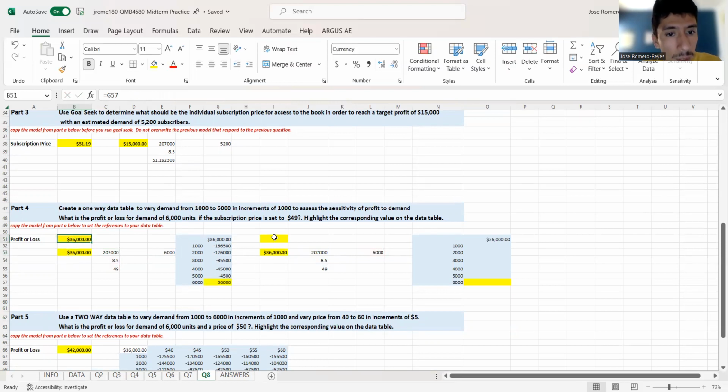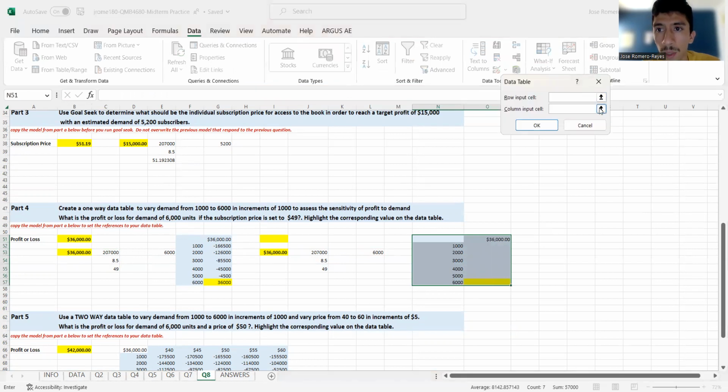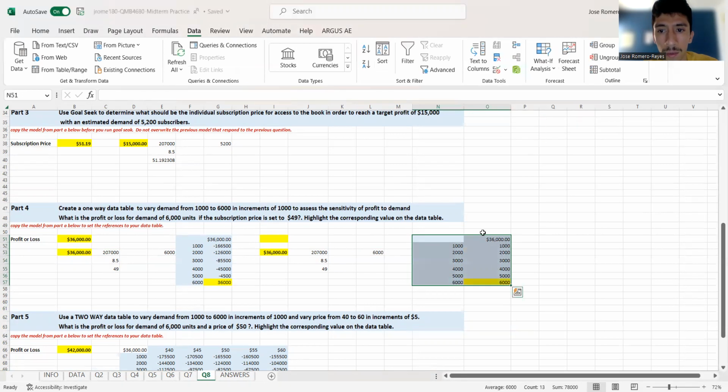And we want to know what the profit is at 6,000. So we have to create a data table. We're going to look for a column input cell, which happens to be 36,000. Oh, sorry, I misclicked. That's actually the wrong input.